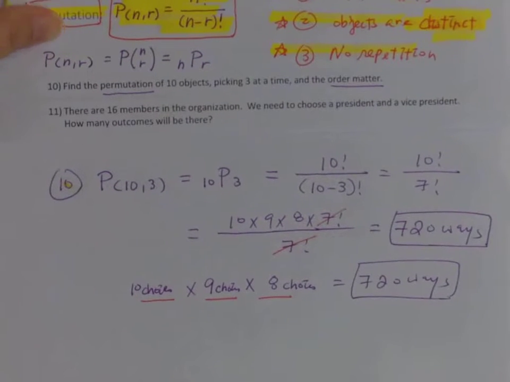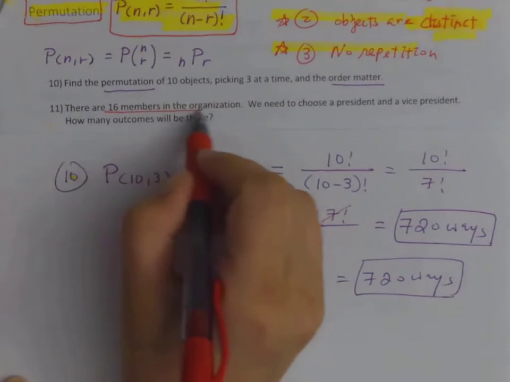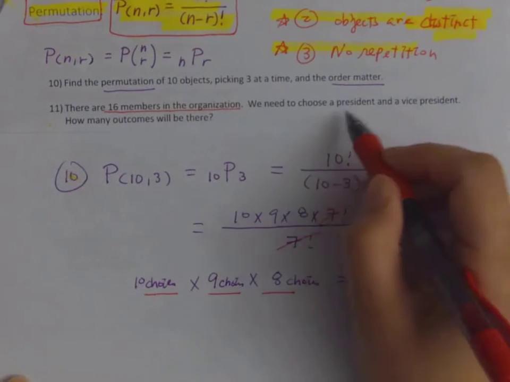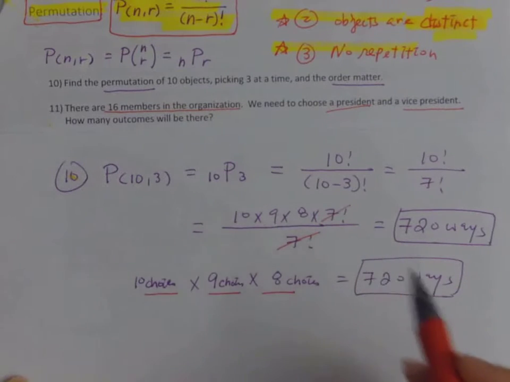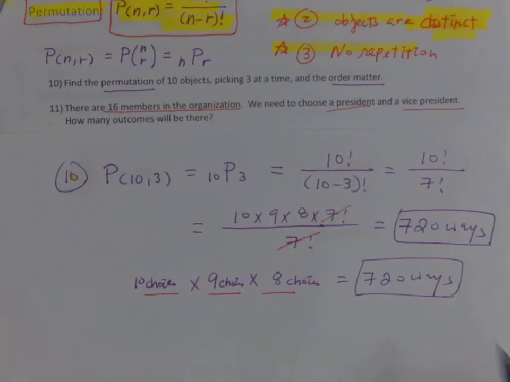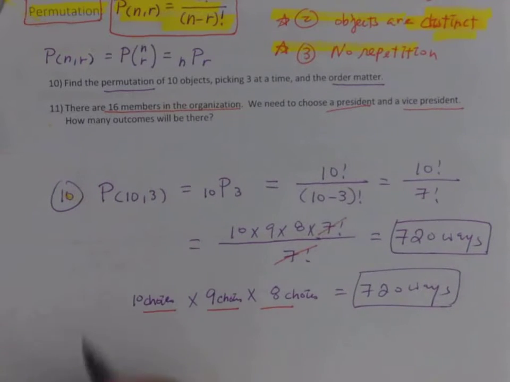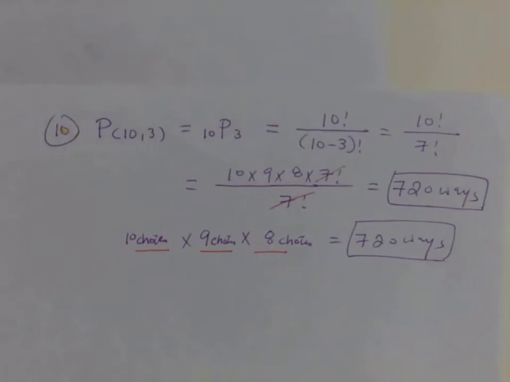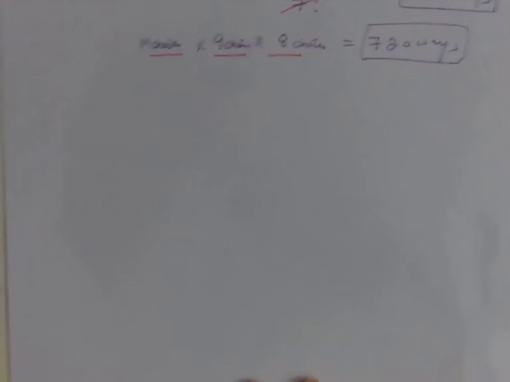So let's look at number 11. Number 11 says there are 16 members in the organization. So 16 is the total. We need to choose a president and a vice president, 2 things. How many outcomes would that be?